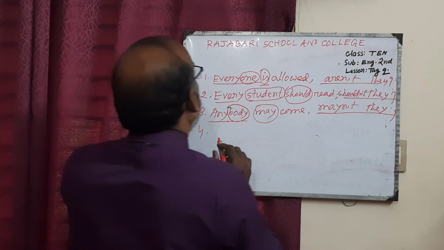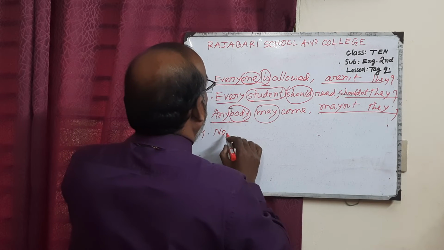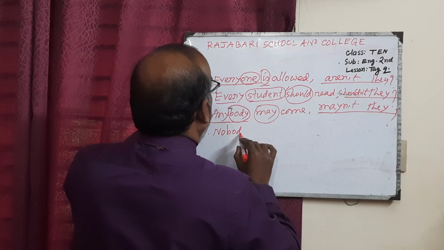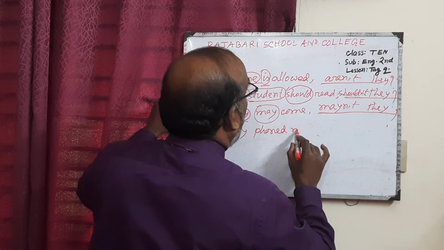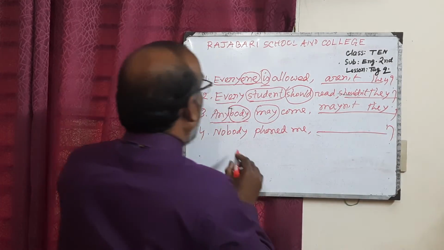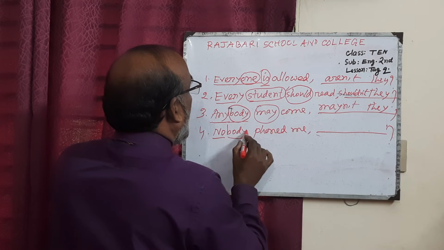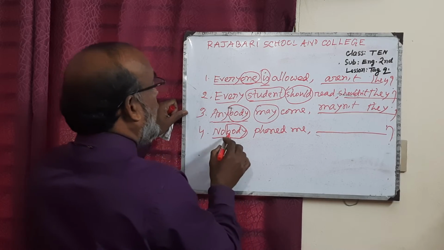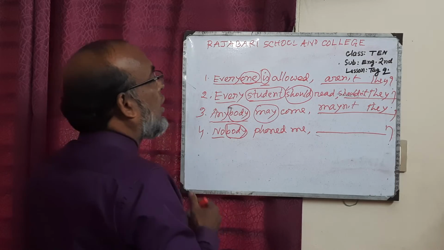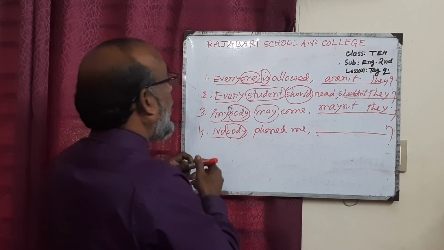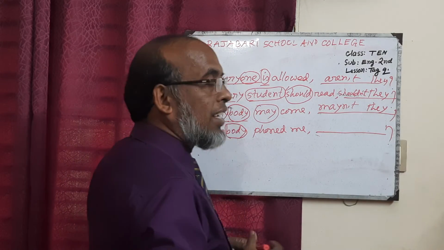This is how. Nobody phoned me. Here, nobody. That means body is person and before body you can see no. This is why you must remember it will be a negative sentence and here will be an affirmative tag.